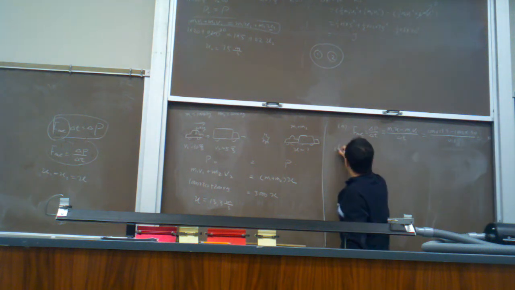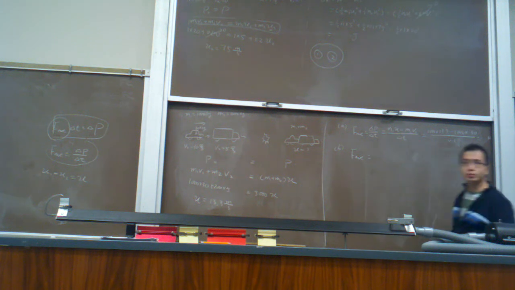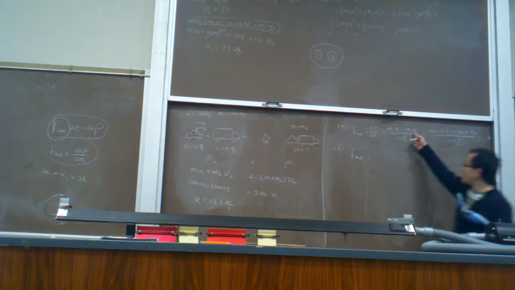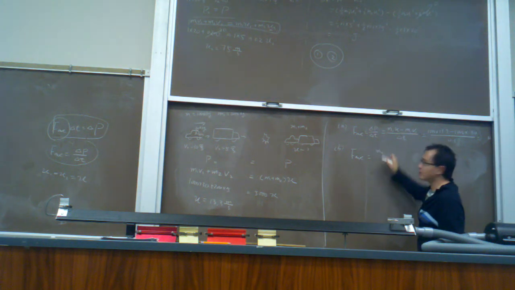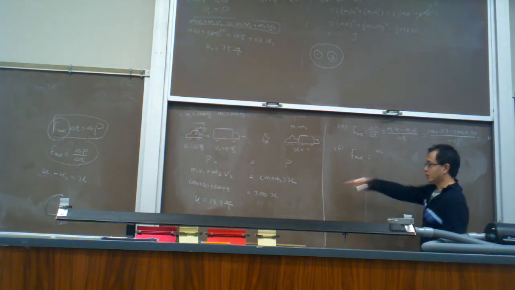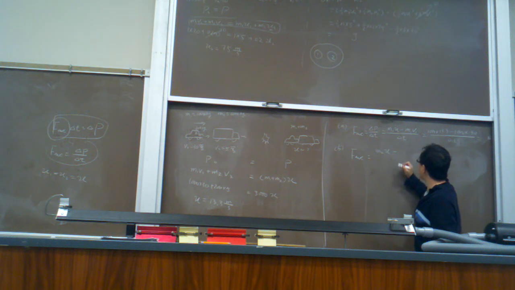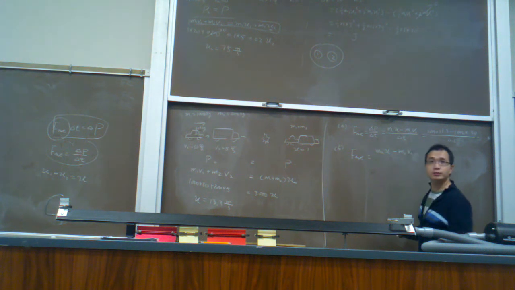And then for the truck, similarly, it should be something like that, but you have M2, the mass of the truck. What is the final velocity for the truck? Again, U, right? Subtract M2 multiplied by the initial velocity for the truck, which is 5, which is V2, right?